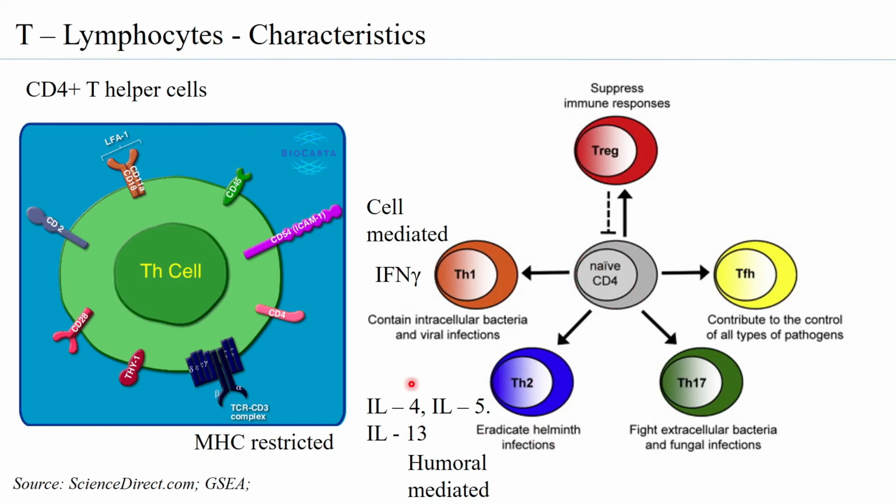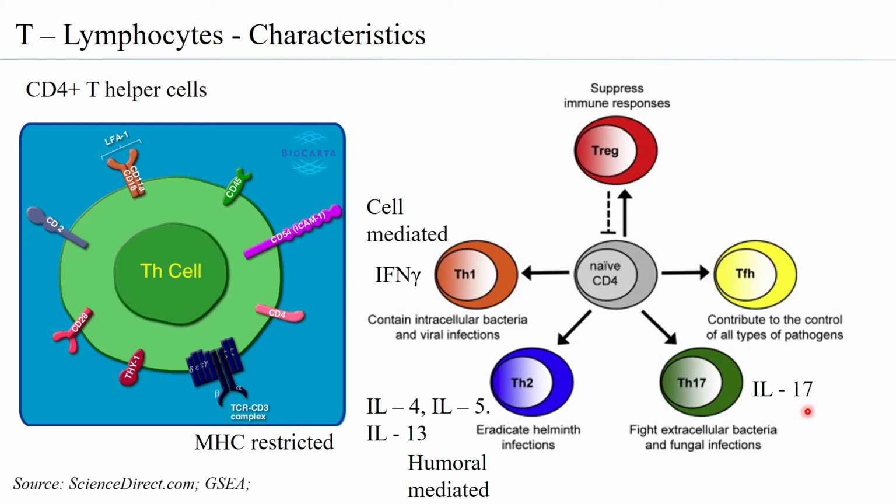So that is again suggestive of the fact that one subset is specifically for humoral mediated immunity and one subset is specifically for cell mediated immunity. So this T helper cell is going to activate CD8 plus T cells, whereas this T helper cell is going to activate B cells.